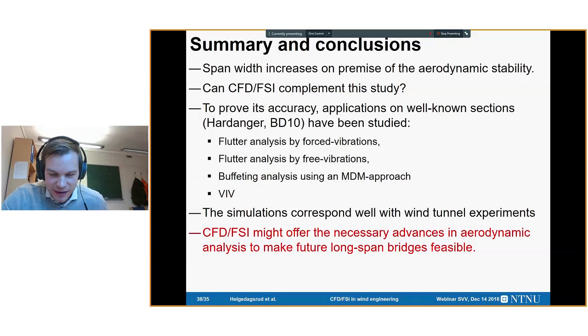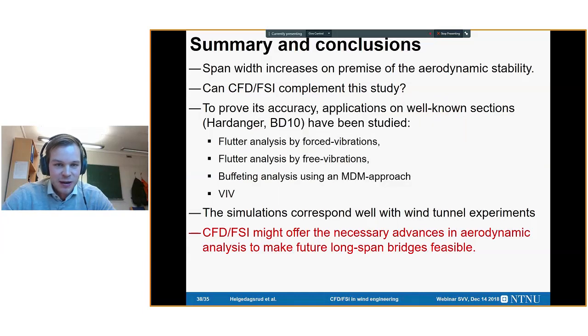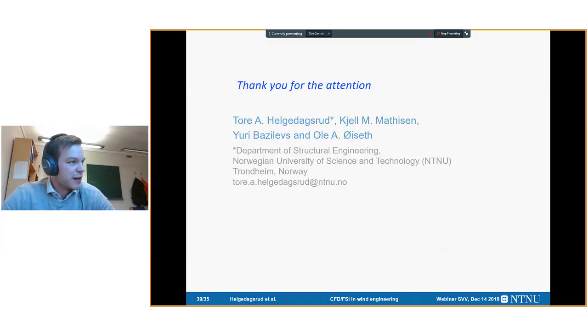But I have to say, as a last reminder, CFD, as all other types of numerical methods, should be used with some caution, because if you don't tune your meshes or parameters correctly, you can really get any results. So you really have to do this closely with the experiment and know how to get the correct results. This is just a disclaimer, and with that I close my talk, and I thank you for staying with me.